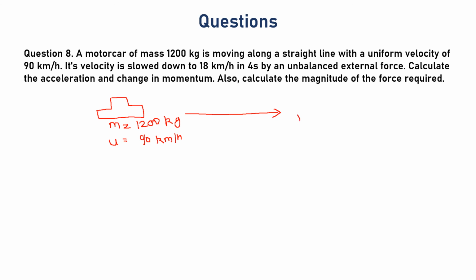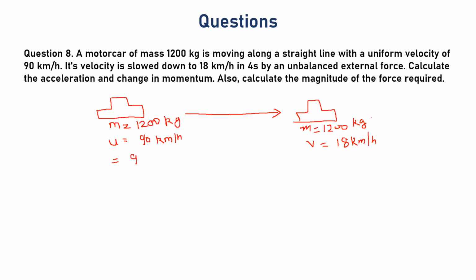And the final velocity v is 18. So there is a deceleration, that is, the velocity is decreasing from 90 to 18. Mass here I will consider the same, 1200 kg, because the mass is given in kg, so you don't have to do any conversion in mass, right? But you need to do the conversion with initial velocity.